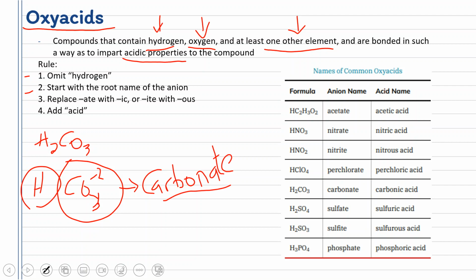But rule number 3 is saying that replace the ATE with IC, or replace the ITE with OUS. So I have ATE, so I'm going to replace ATE with what? IC. The rule says that if it's ATE, replace it with IC. So my name is going to sound like this: carbonic.